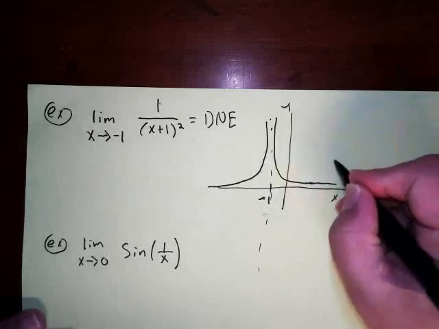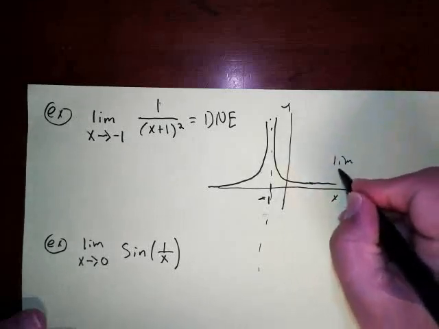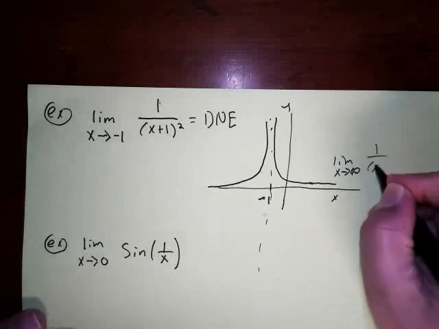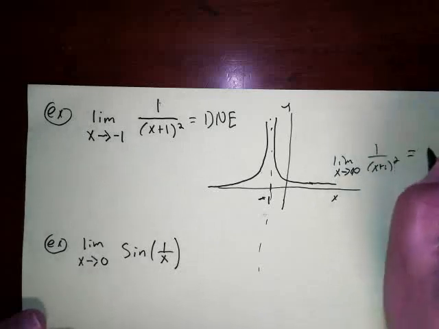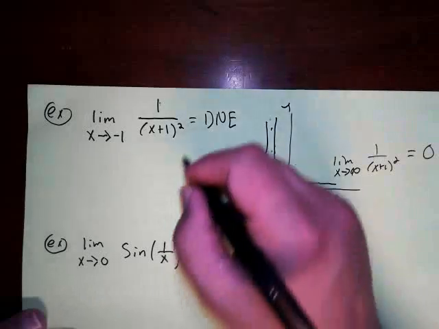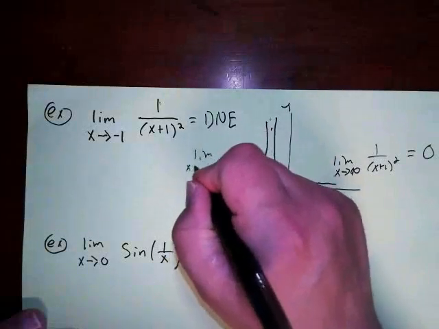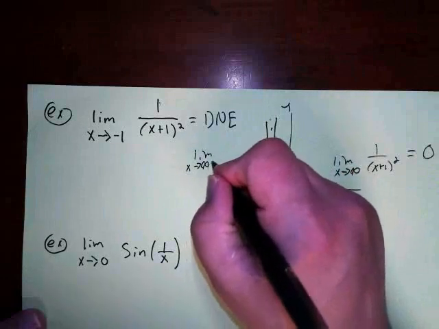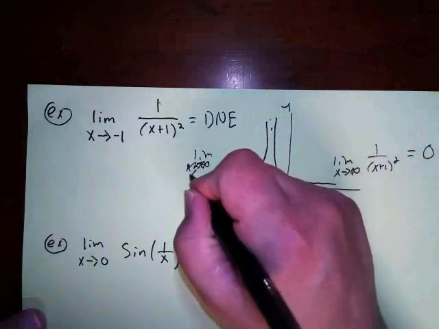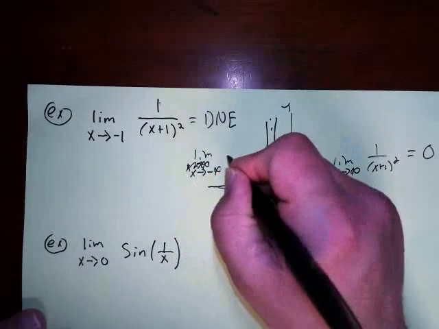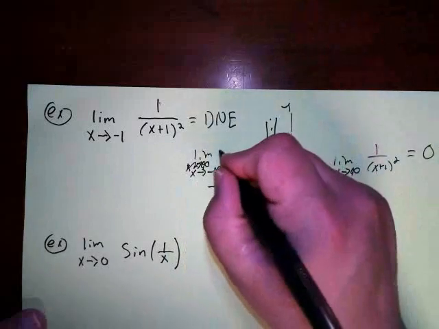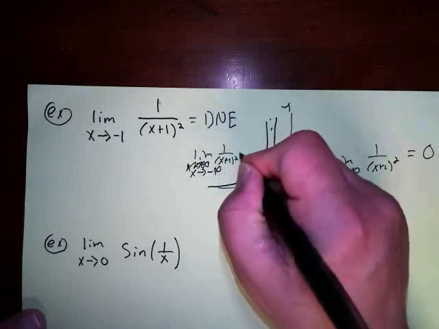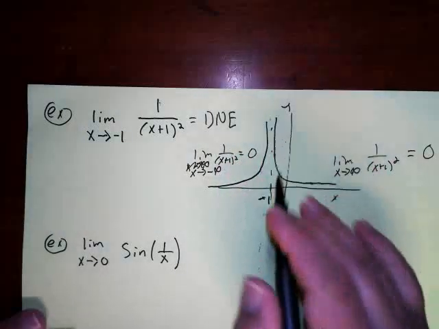So in other words, the limit as x goes to infinity of 1 over (x plus 1) squared is actually equal to 0, right? And the limit as x goes to negative infinity of 1 over (x plus 1) squared is also equal to 0.